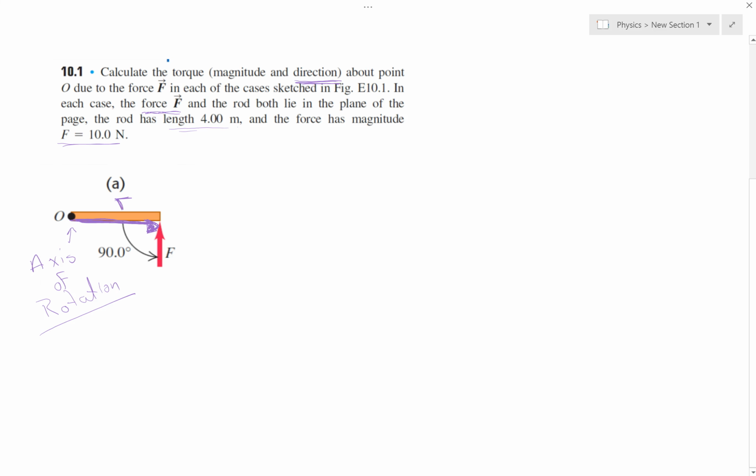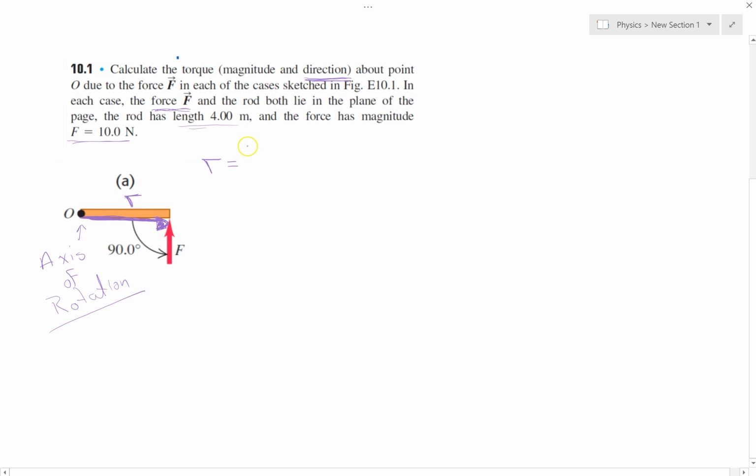And now I'm going to list all of our knowns. So for example, we know that our lever arm R, because it goes from one end of the rod to the other end of the rod, is going to be the full length of the rod, which is 4 meters. I know what the magnitude of the force is. They've given that to me as 10 newtons.